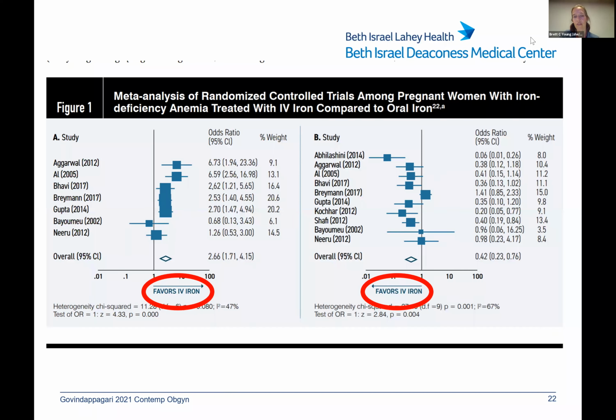And in some trials that looked at outcomes, not only hematocrit but also transfusion, the likelihood of transfusion was lower with IV iron. So particularly if we're getting into the third trimester, we may really have an opportunity to reduce the likelihood of transfusion by reducing the severity of the iron deficiency anemia with administration of IV iron.